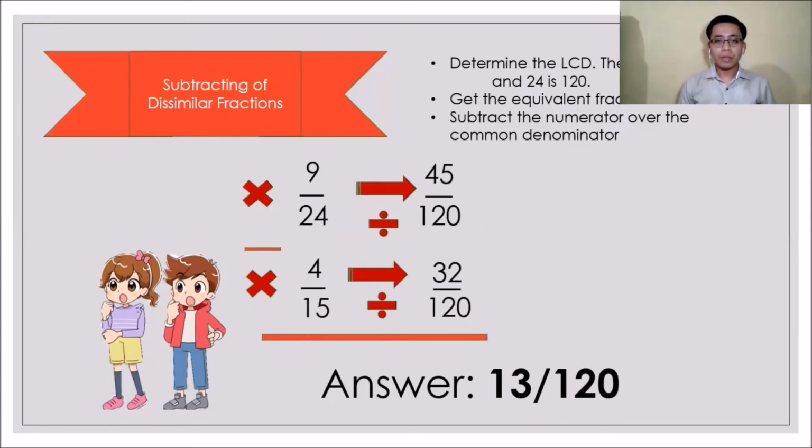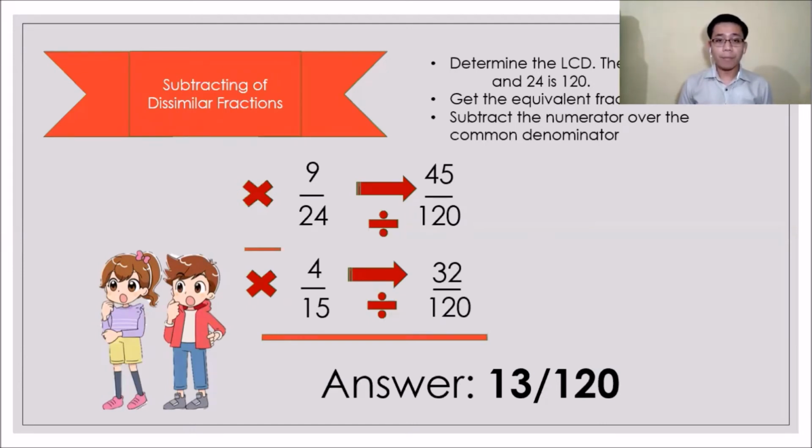Okay. So first, we're going to write the denominator. So we have 120 and 120. So we're going to solve it. Okay. So first, we have 120 divide 24. The answer is 5 times 9 is 45.